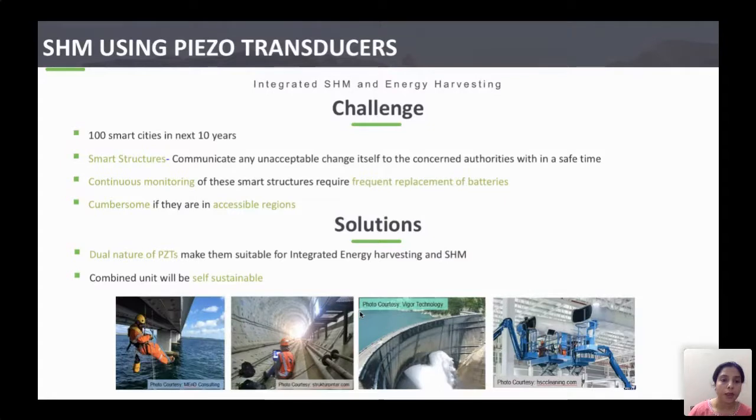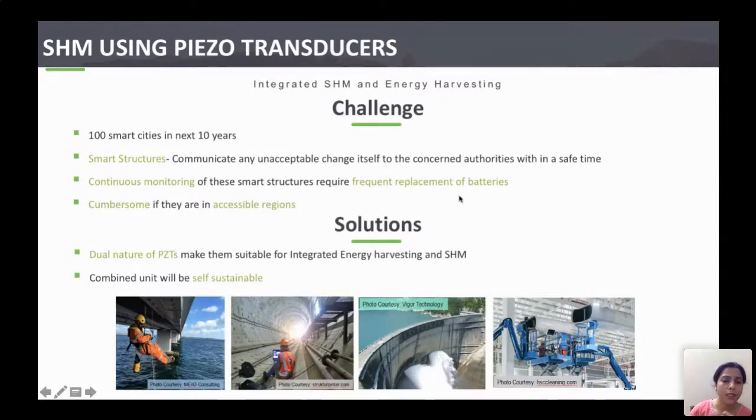Now we will start covering the research work done in the field of structural health monitoring. First, we'll start with SHM using piezo transducers, beginning with integrated SHM and energy harvesting.